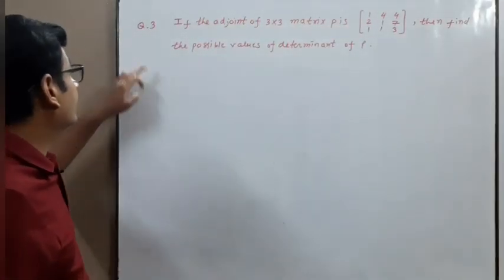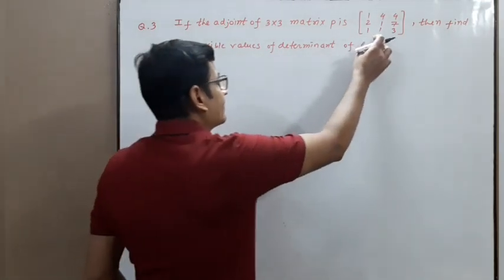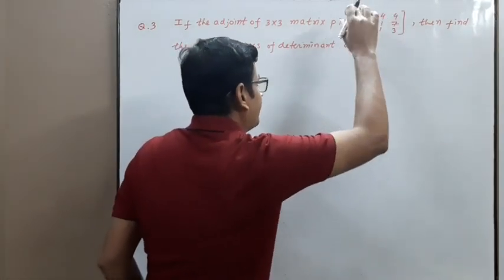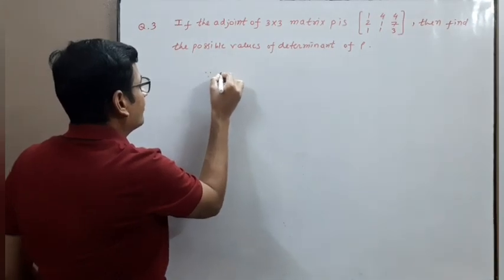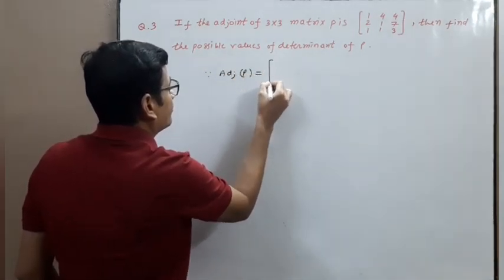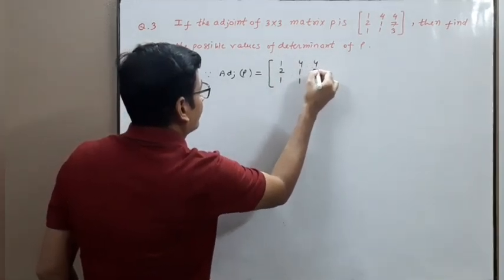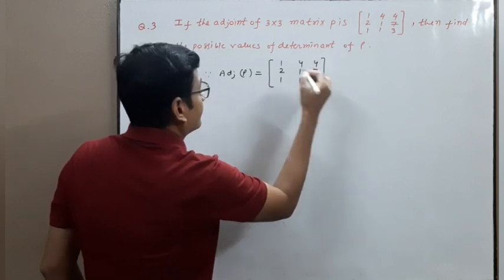Next question 3. If the adjoint of 3 by 3 matrix P is, so this is the adjoint of matrix P, we have adjoint P equal to 1 2 1, 4 1 1, 4 7 3.